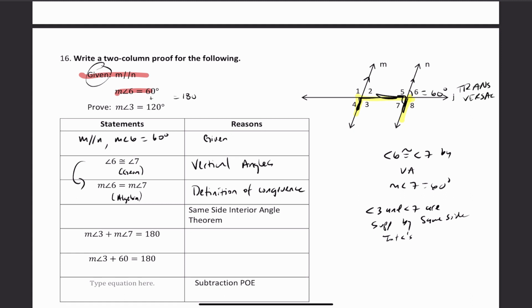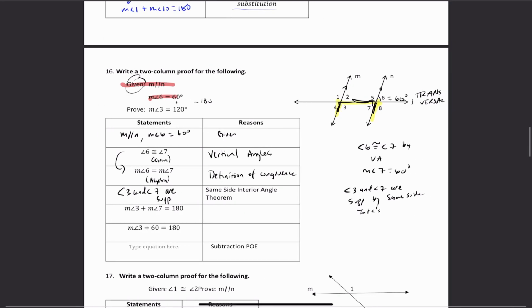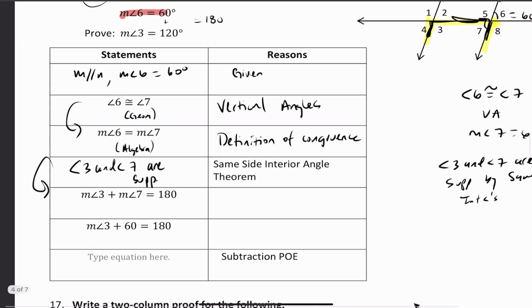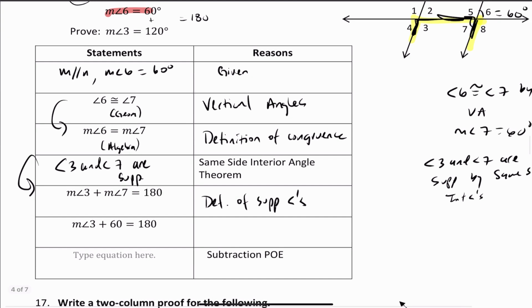So that means that I just write angle 3 and angle 7 are supplementary, sup for short. And now I'm converting this language, angle 3 and angle 7 are supplementary, to algebraic form, and that's just the definition of supplementary angles. You can refer back to your pink sheet here.